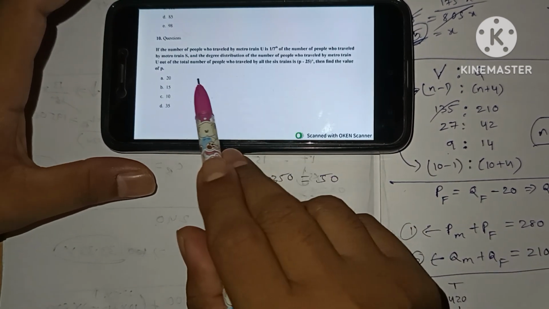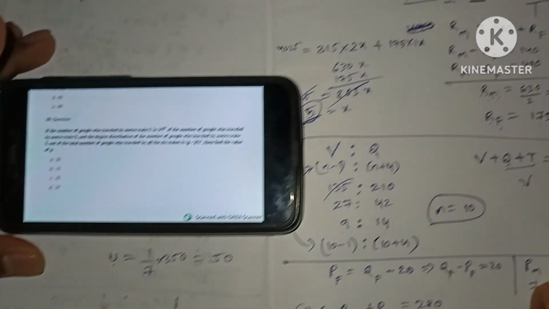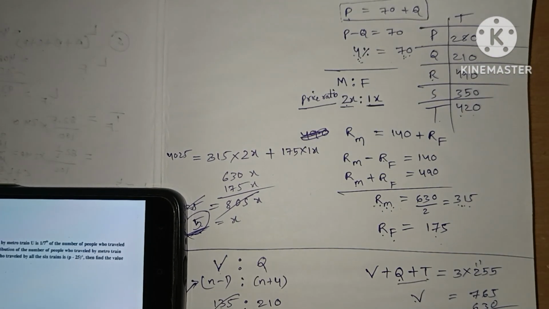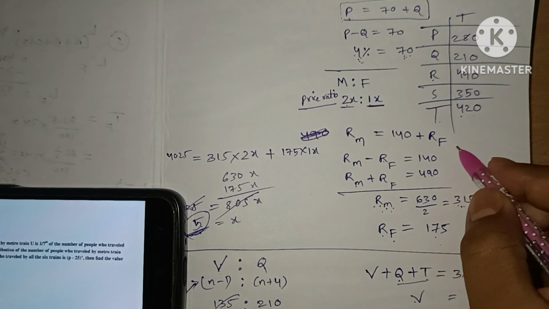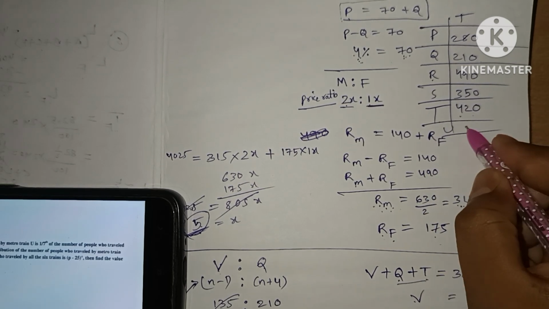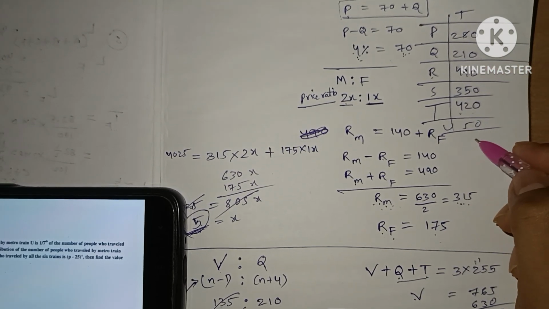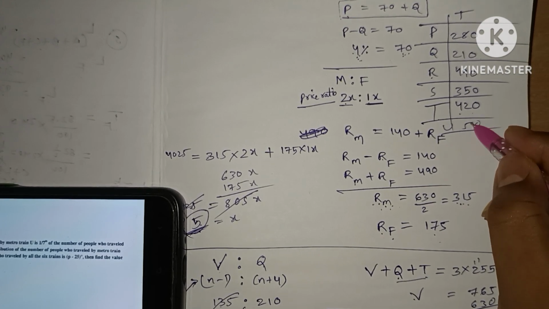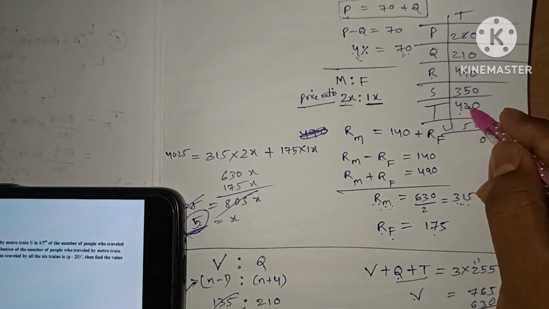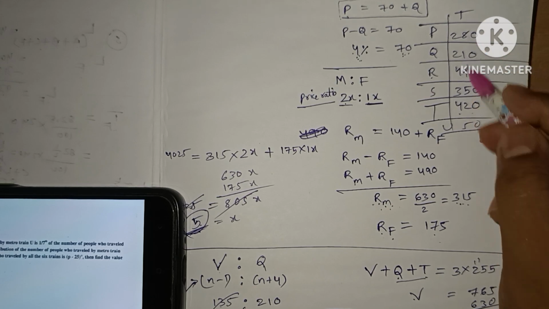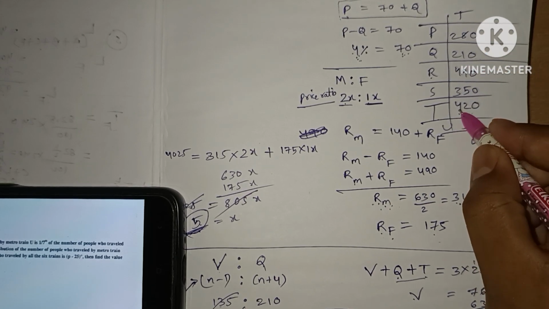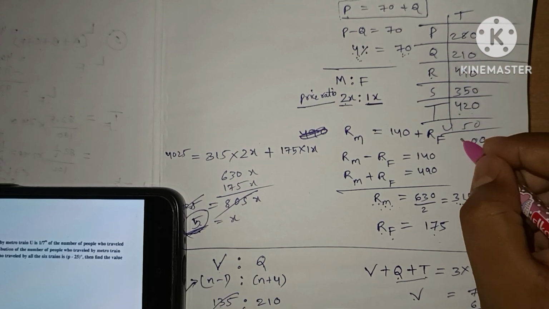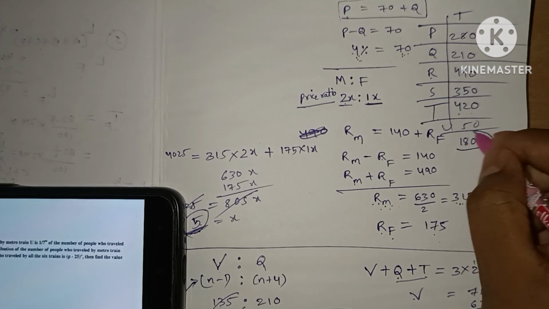So what this statement refers to is that the total of all P, Q, R, S, T and including U is the sum of the number of people traveling, which is 1800.